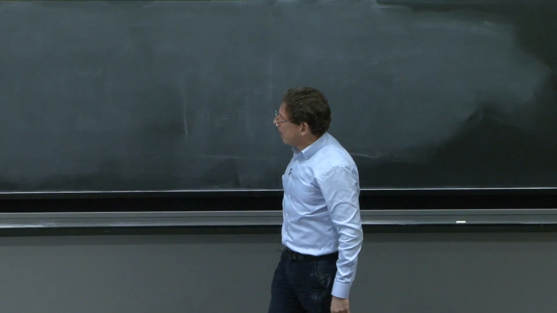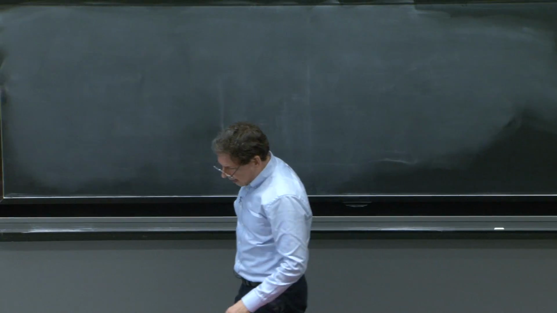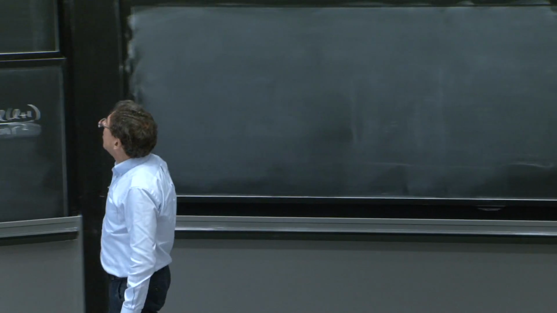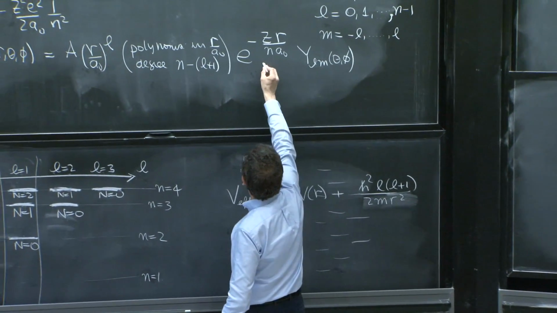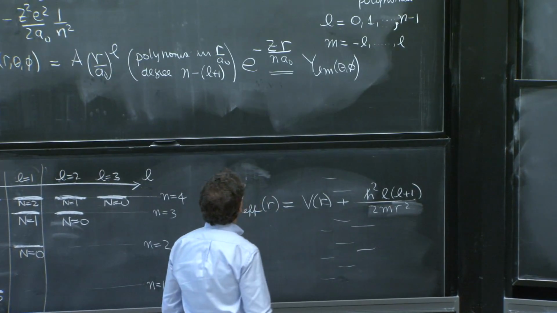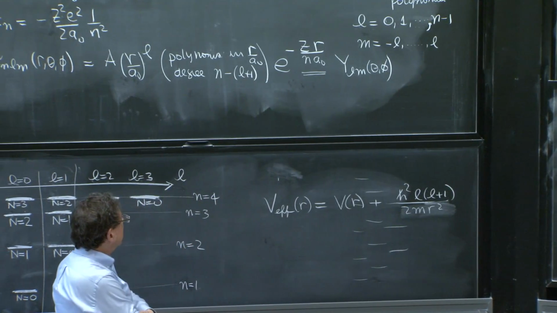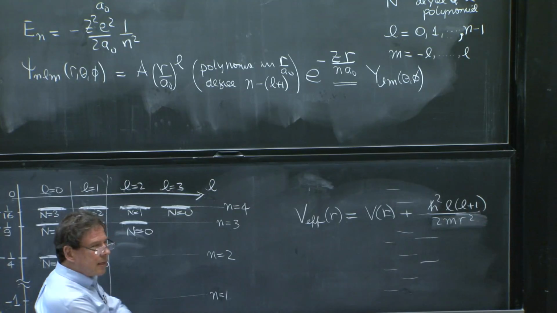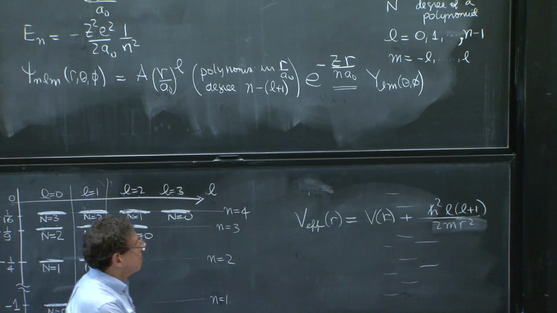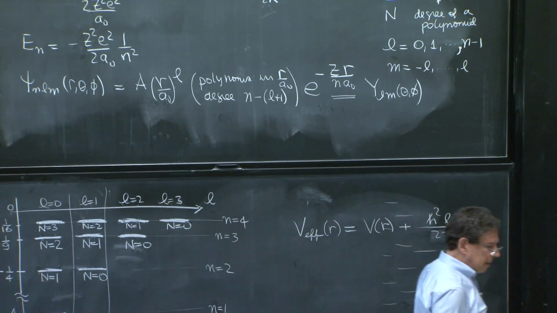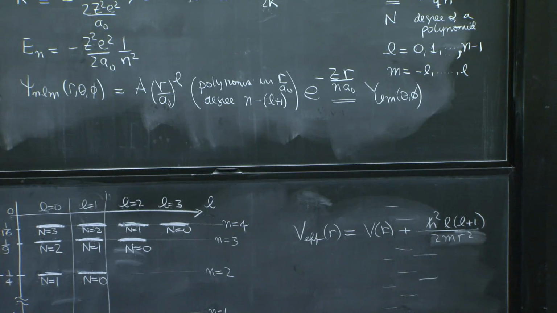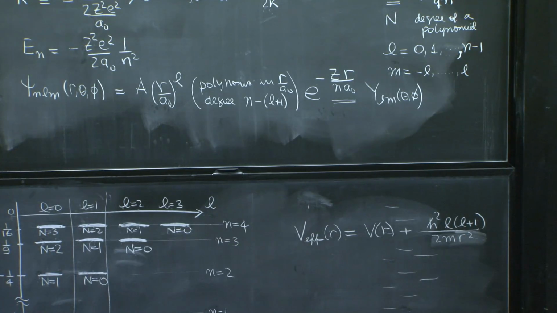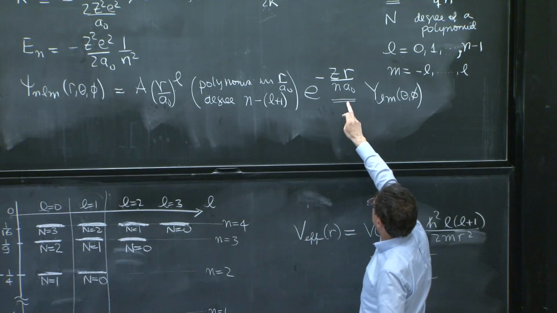So that's fine. That's one thing you could ask. Another thing that you could ask is, at least intuitively, why did we get this factor here? Why did we get this exponential? And that's also not mysterious at all. This comes rather immediately from the differential equation.